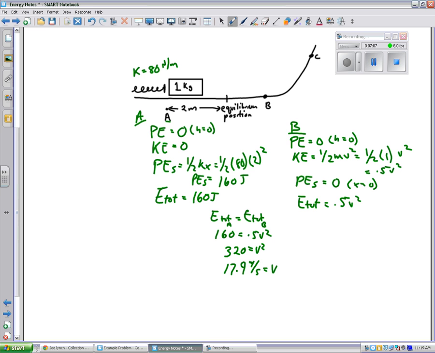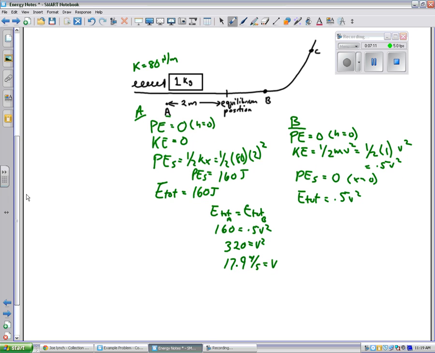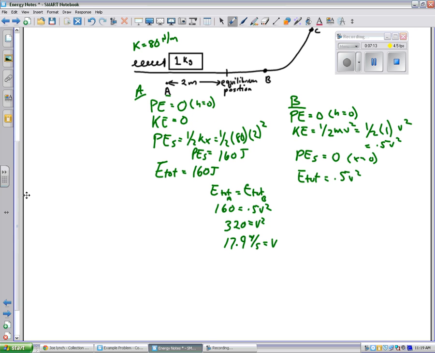Now, we want to know how high it goes at C when it comes to rest at point C. That's the highest point. So we can do the same thing for point C. Now it has PE because it has height, so it's mgh. It's 1 times 10. Now, we don't know what the height is, so we're going to leave that as h. So it is 10h. KE is 0 because it comes to rest there. And the PES is 0 because it's no longer attached to the spring, it isn't compressed.